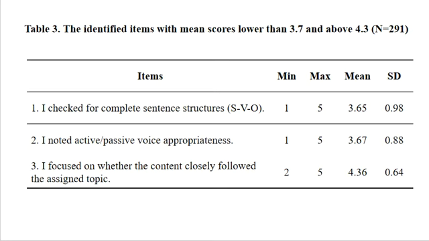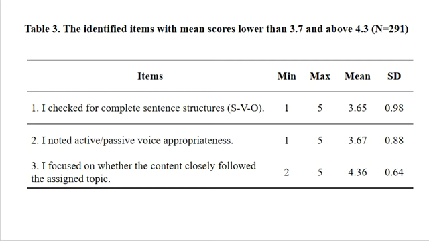Now let's give a detailed look into this focus and strategies. This table identifies items with mean scores lower than 3.7 and above 4.3. Item one is I check for complete sentence structure such as subject, verb, or object. This has the mean score of 3.65.